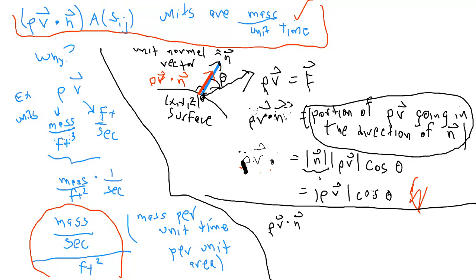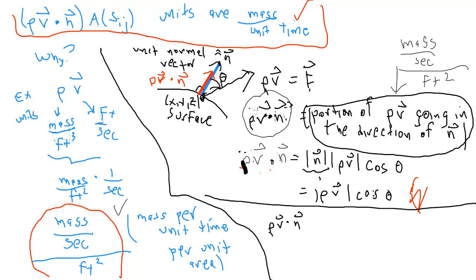Rho v dot n. And I'll note here that the units here, since rho v dot n is a component of the vector rho times v, the units are mass per second divided by feet squared in this little example.